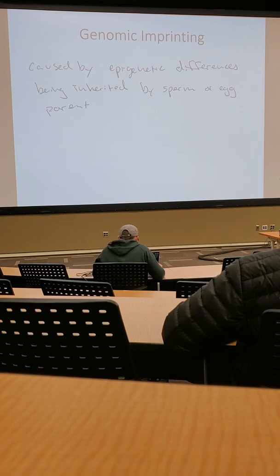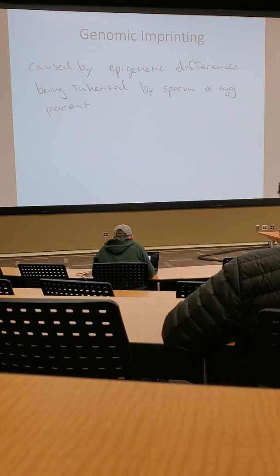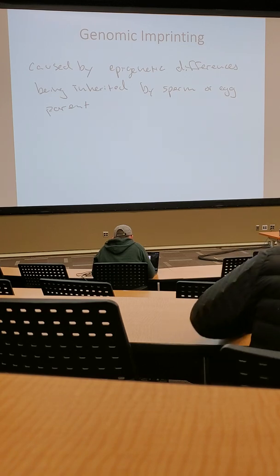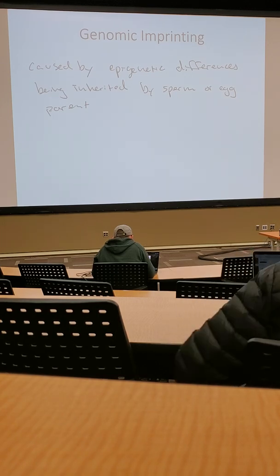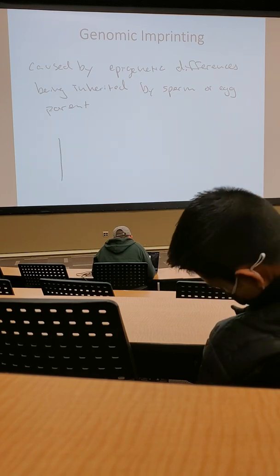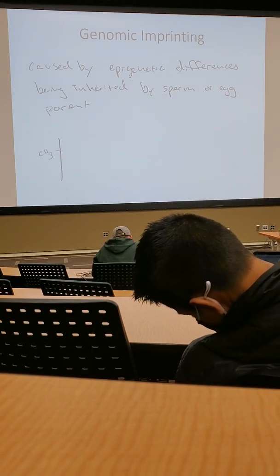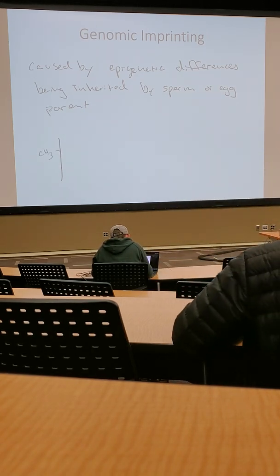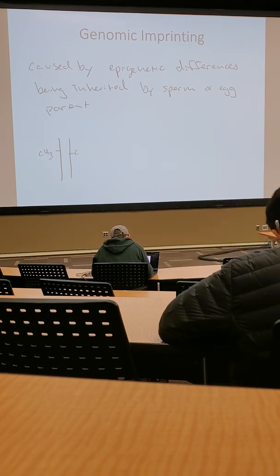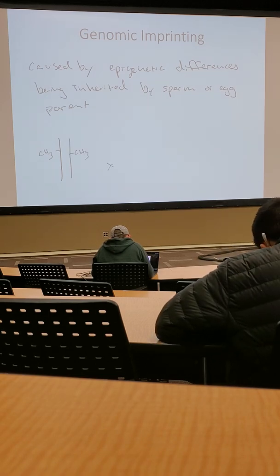In your book, they talk a lot about the consequences of this, thinking about genetic conflict. We're not going to talk about that. What I want to talk about instead is, given imprinting, how can we predict phenotypes? What would that look like? You'd have a chromosome like this, that's a methyl group, in one parent, and the other parent, no methyl, and then you have the zygote.